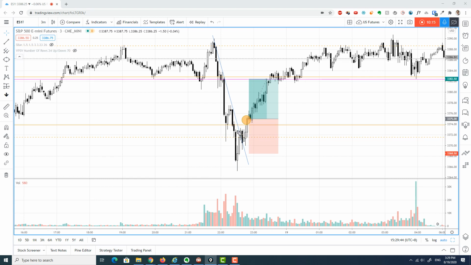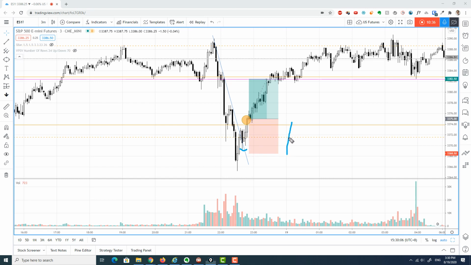Just right after this consolidation, I wait for the confirmation, which comes with this bullish bar here, acting as a localized breakout. Just right after the close of this bullish bar, I entered long with the stop just slightly below the low here.